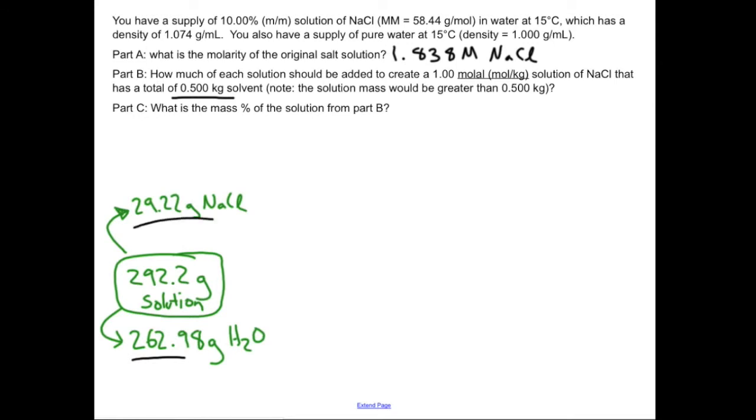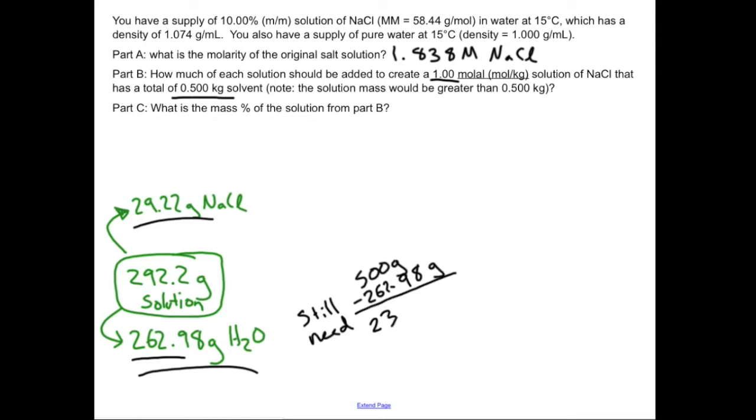And it's going to bring with it all of the sodium chloride that I need in order to get that 1 molal solution. So look at this bottom number and just recognize that I still need 500 grams minus this quantity, 262.98 grams, which is 237.02 grams of pure H2O. That's what's going to get me ultimately that half a kilogram of water.